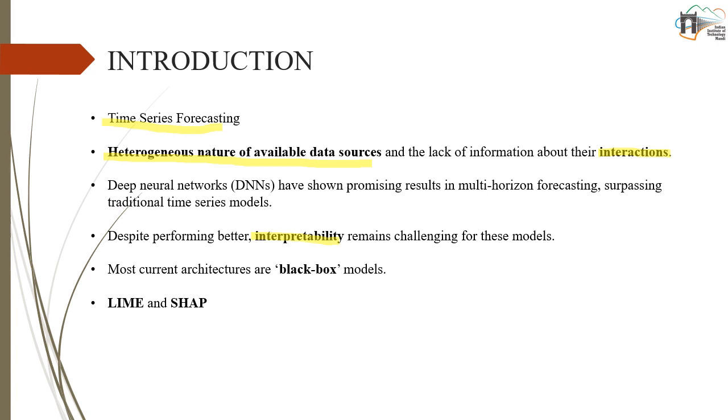So interpretability makes our model more transparent. It increases the confidence in our outputs. It makes our model more trustworthy and more reliable. Interpretability has been very important for a long time, because the basic criticism that our deep neural networks and machine learning models faced for years was that they were black box models.